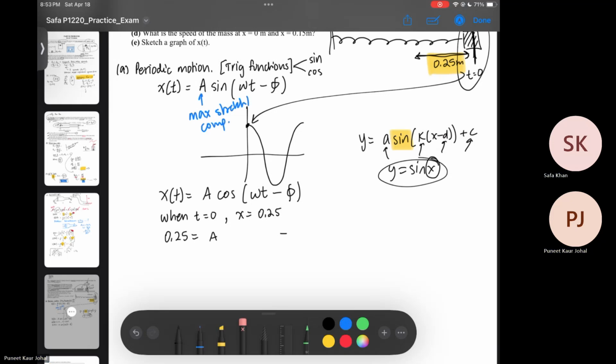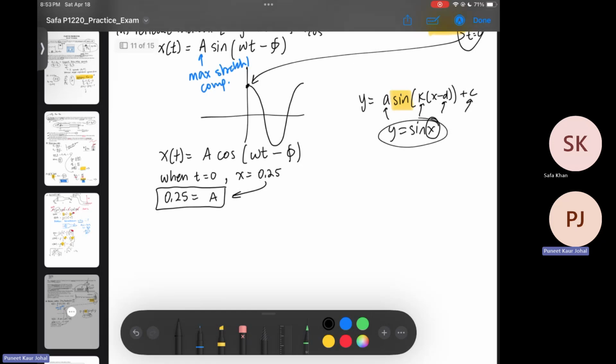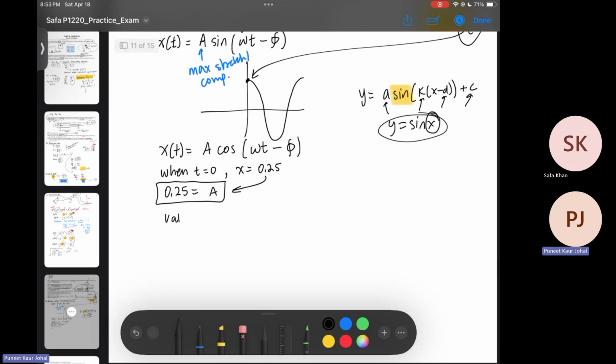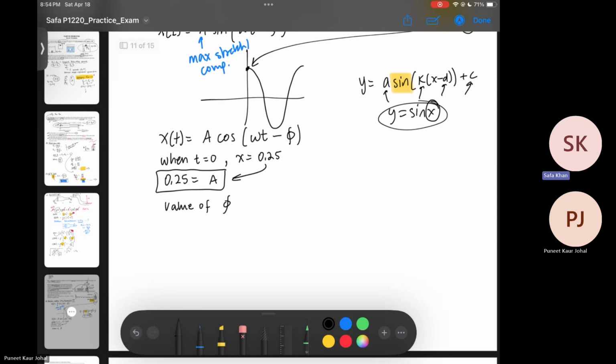So you know that A is going to be 0.25 because that is the max you can pull. And if you know that A is 0.25 and t is 0, you can find the value of phi from there.